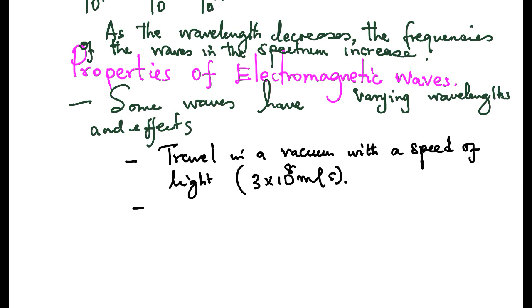Electromagnetic waves are transverse under the classification of waves. The waves are not charged, and therefore they are not affected by electric or magnetic fields.